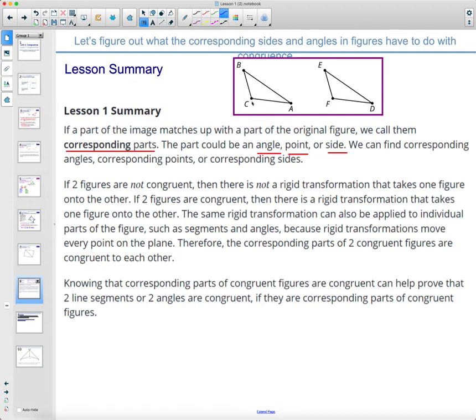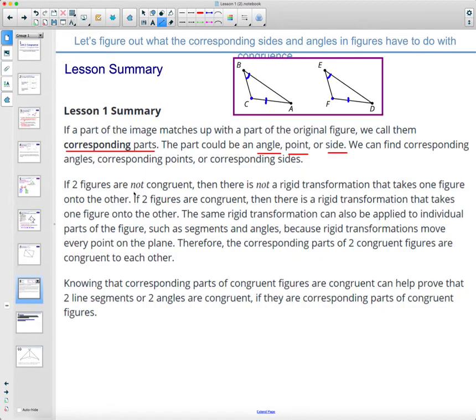So point C is corresponding to point F, or angle B is corresponding to angle E, or side AC is corresponding to side FD. Those are just a couple different corresponding parts there.